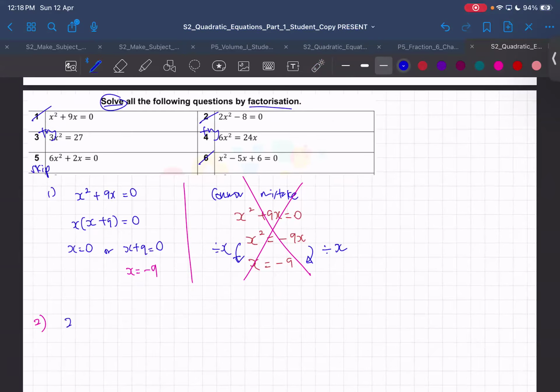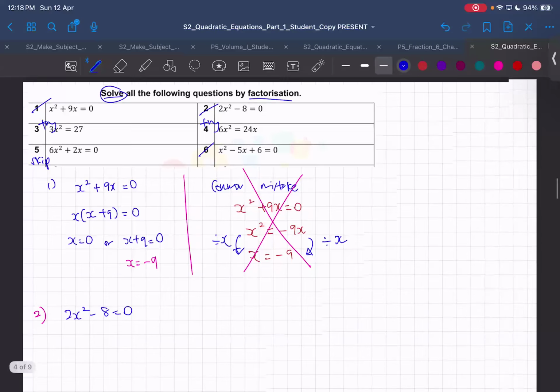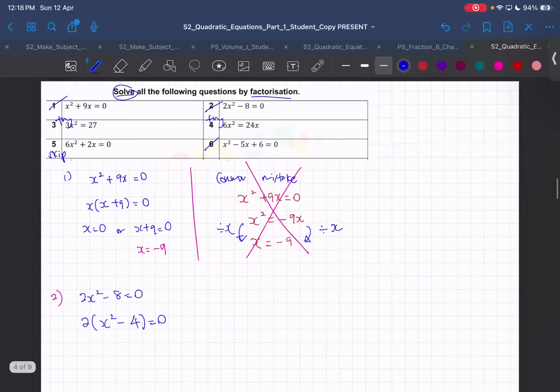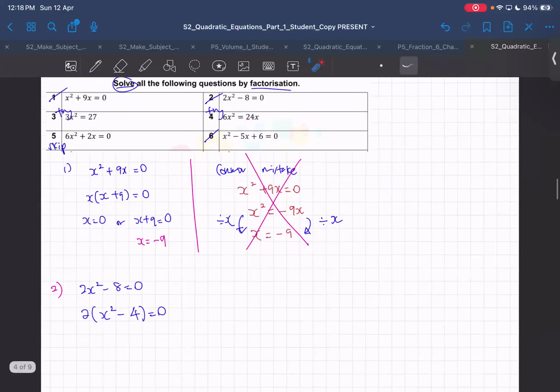Okay, then question 2. You have 2x squared minus 8 equals to 0. Again, by factorization, you take out 2, and you are left with x squared minus 4 equals to 0. Then you want to find what is x. Solving means you want to find what is x. So divide by 2 both sides. You can divide a constant both sides, but try not to divide x lah.